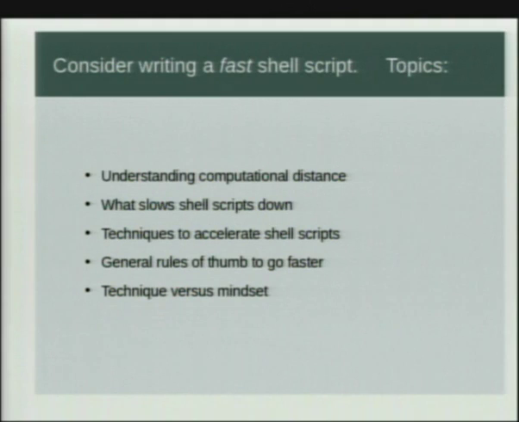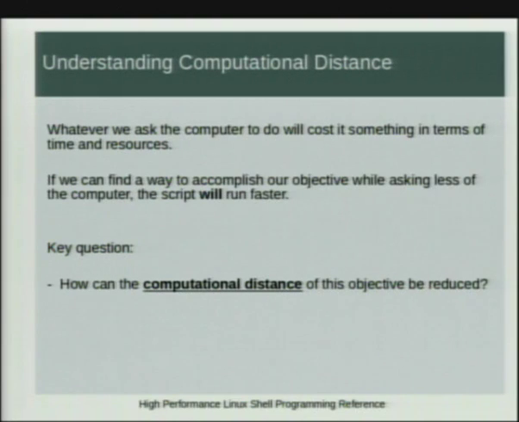We'll talk about understanding computational distance, what that means, what kind of impact it has on our scripts, what slows scripts down, what speeds them up, and different techniques and mindsets we can use to get there. The primary idea to remember is that anything we ask the computer to do is going to cost it something in resources and in time.